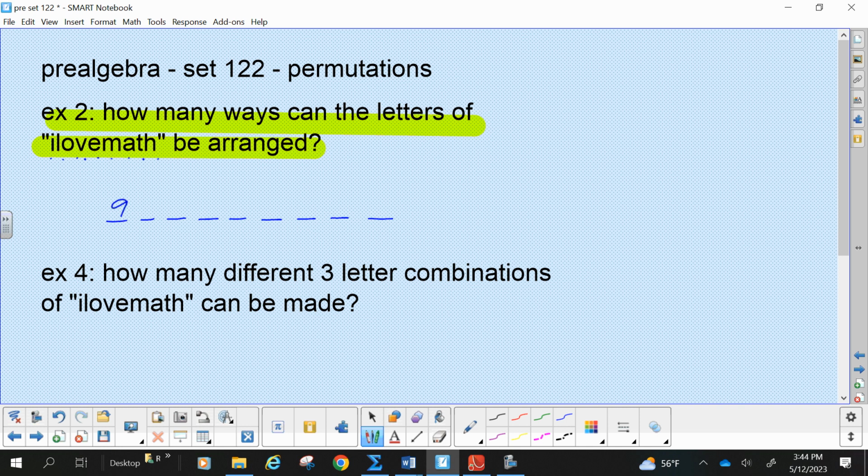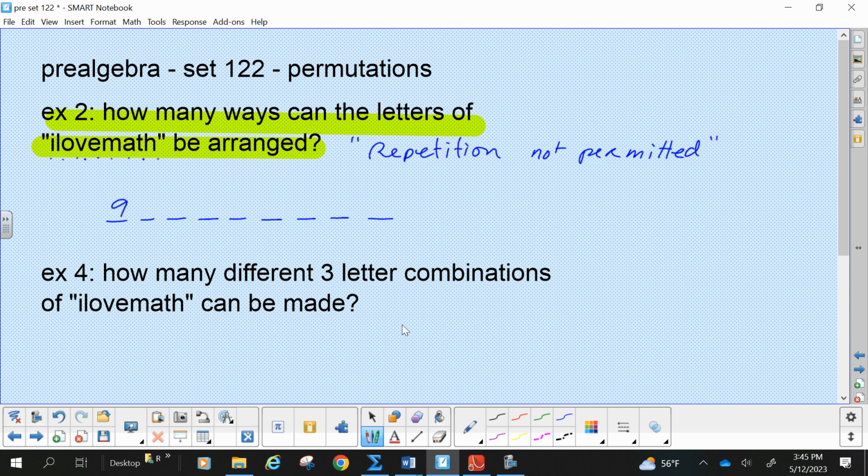Now, part of these questions they will tell you, can you reuse a letter or not? Usually that's said as repetition or repeating a letter is or is not permitted. I'll say repetition is not permitted. You cannot reuse a number, right?